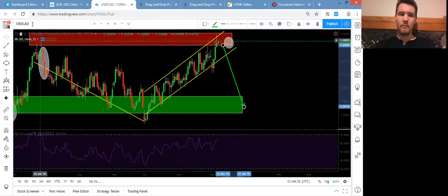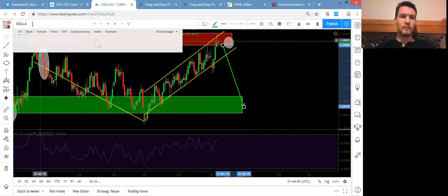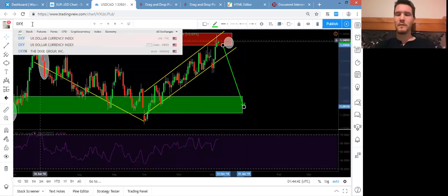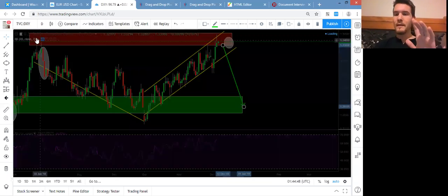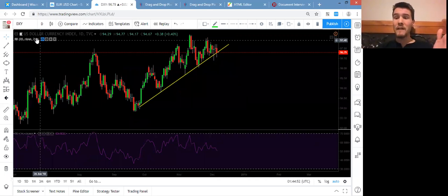I haven't looked today. But I can tell you this. DXY on TradingView. Okay? I can tell you this right now. The dollar must be going up if USD CAD's going up, because USD is the base currency.